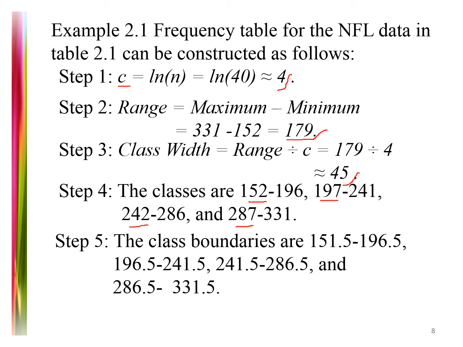So 152 minus 0.5 is 151.5, and 196 plus 0.5 is 196.5. Now you can see these are class boundaries, and now it is continuous: 151.5 to 196.5, then the next starts at 196.5 to 240.5. Also in this case, each lower value is inclusive and each upper value is exclusive.